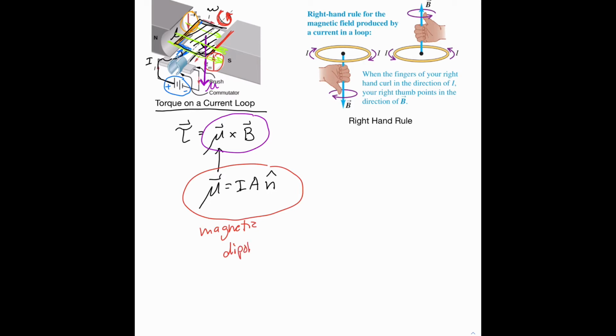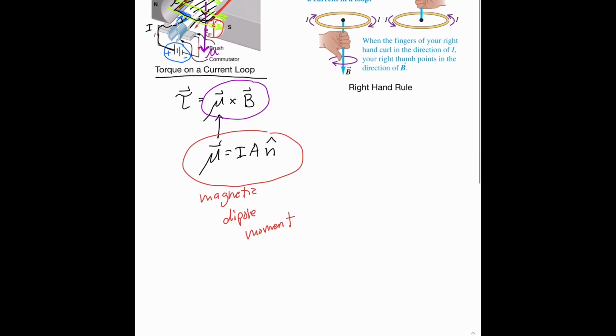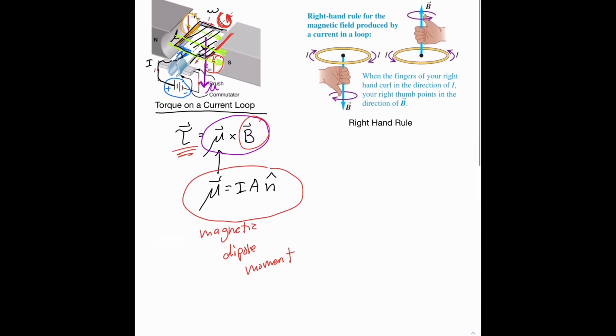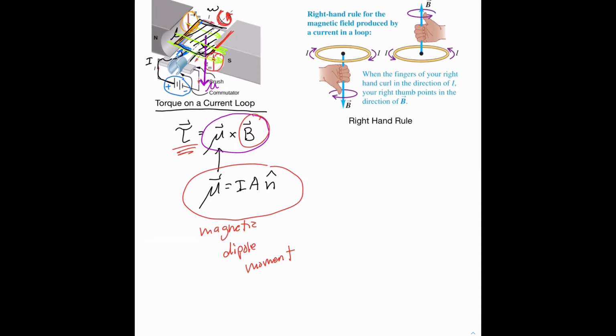So I'm just trying to refamiliarize you with this quantity known as magnetic dipole moment, and inform you once again that an external magnetic field has the ability to exert torque on any magnetic dipole moment. If you want to summarize that, you can take a look at this diagram related to the right-hand rule, which basically says anytime current flows in a direction that would be described when viewed from above as clockwise, there's a magnetic dipole moment, or we can just say there's magnetism that points in a downward direction.